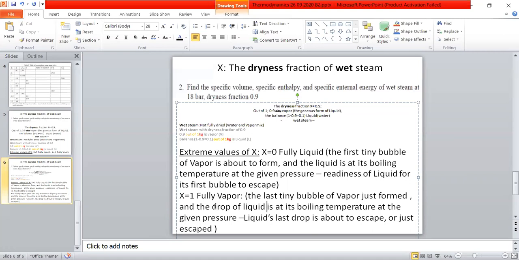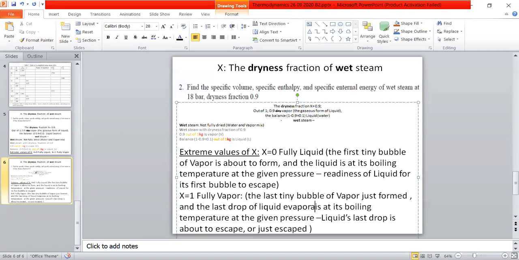And the last drop of liquid evaporated was at its boiling temperature at the given pressure.